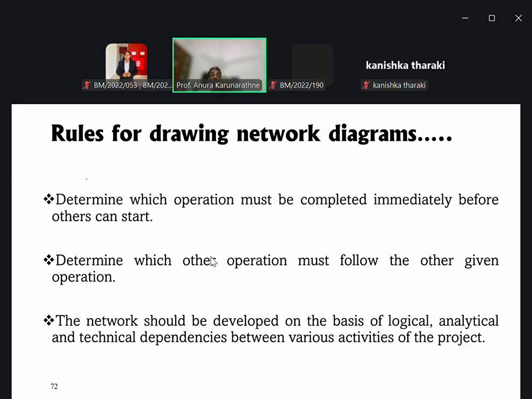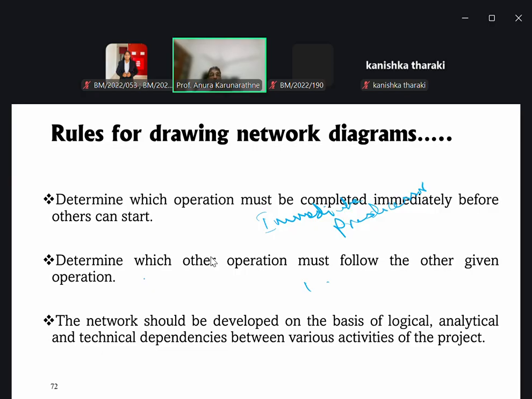Each and every activity we can show through the immediate predecessor. You can see that word.